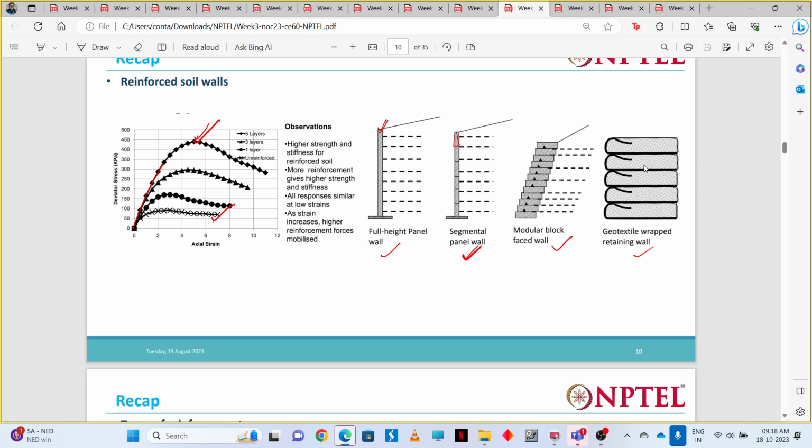Generally we do not keep reinforced soil walls like this, because without facing there is some risk, right? Someone may damage the geotextile reinforcement, and that may be quite detrimental and lead to failure. So that's why we always provide some facing.